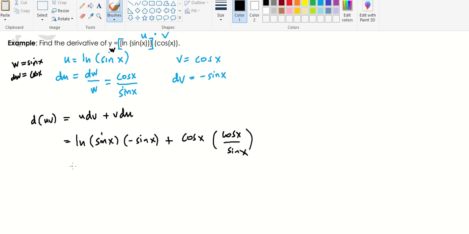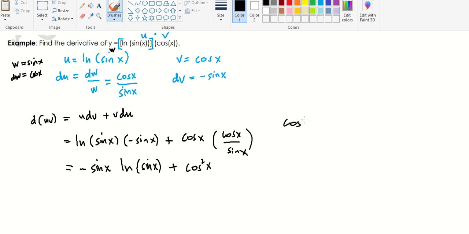Okay? O, yan na. And gagawin natin ngayon, ipag-combine na lang natin sila. So, laging nauuna po, kapag may ln po and merong trigonometric function, so unahin po natin yung trigonometric function. So, we have negative sin x, then we have ln sin x. Plus, okay, in this part, magiging cosine x times cosine x, that is cosine squared x.